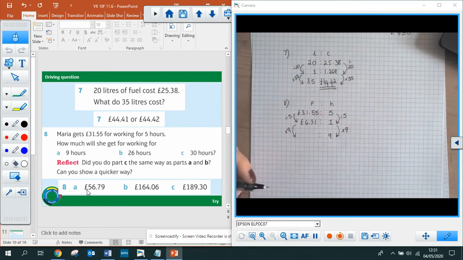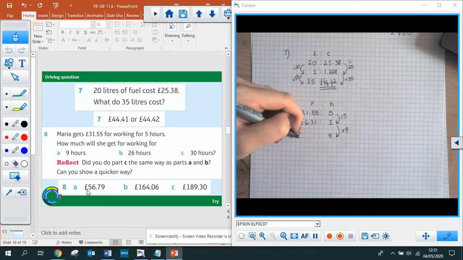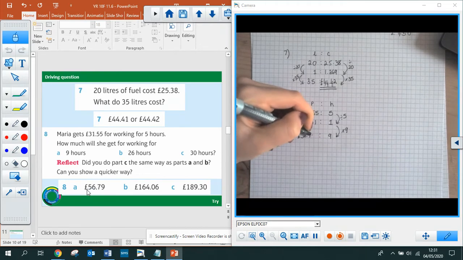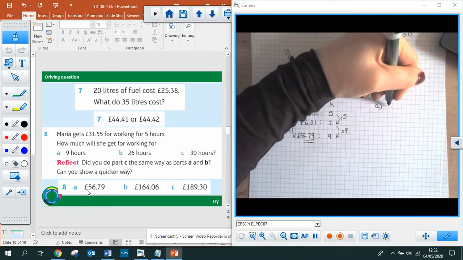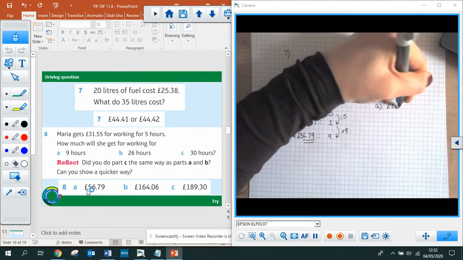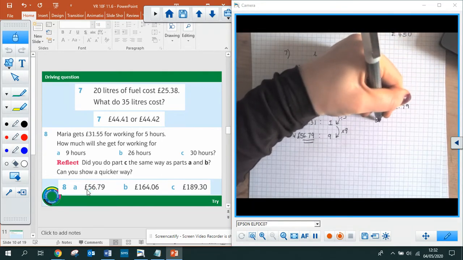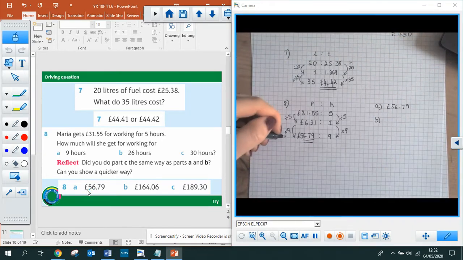And 6.31 multiplied by 9 is 56.79. So £56.79 is what she gets for part A. So I'll just put that to the side.